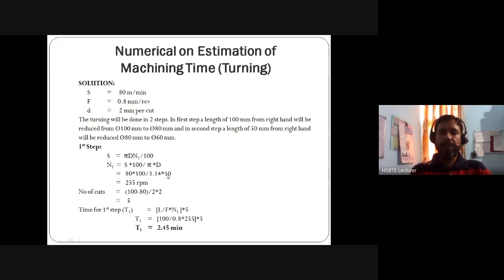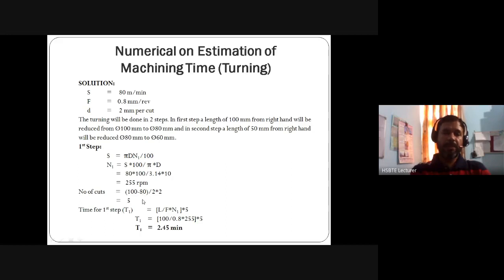So D is taken as 100 millimeter, and this is 10 because the unit is millimeter and we are converting it into centimeter. So S is 80 meter per minute into 100 divided by pi, diameter is 100 millimeter, converted into centimeter that is 10, and find out the value of N1.